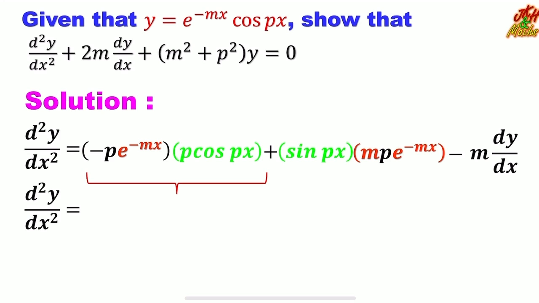Okay, for the first term here, we have negative p e raised to the power of negative mx multiplied with p cosine px.